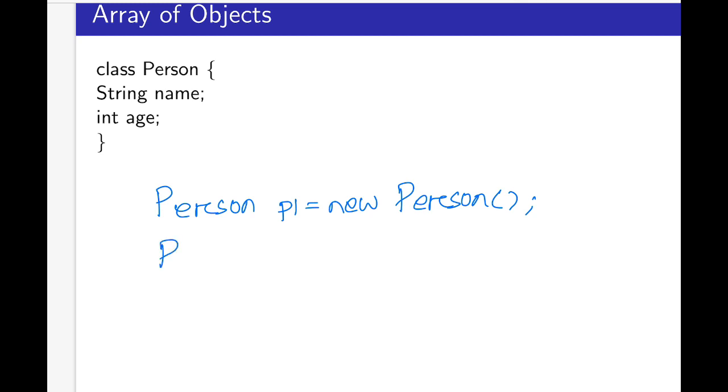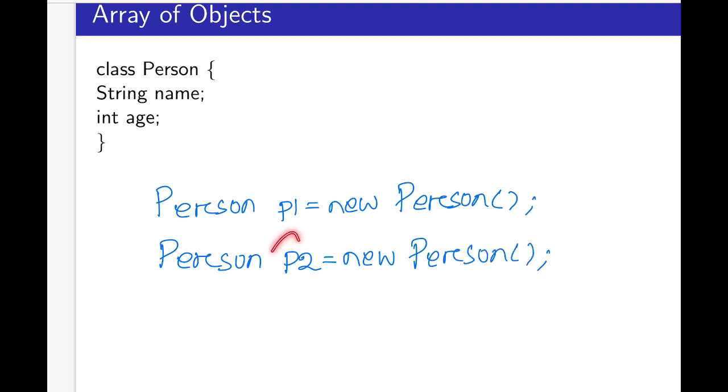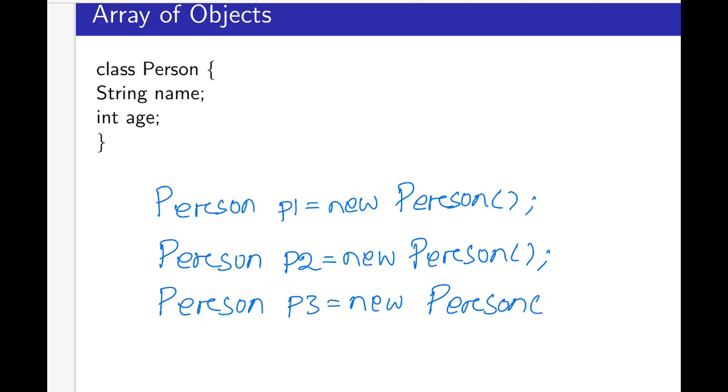Similarly we can write person p2 equal to new person. So here p2 is another object of type person, or of person class. Similarly we can write person p3 equal to new person.